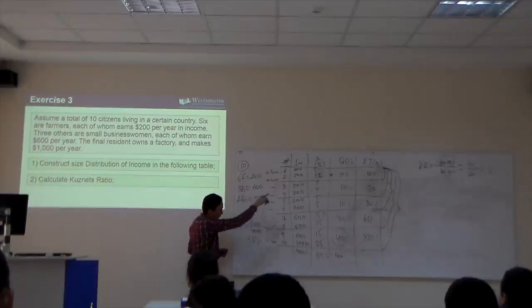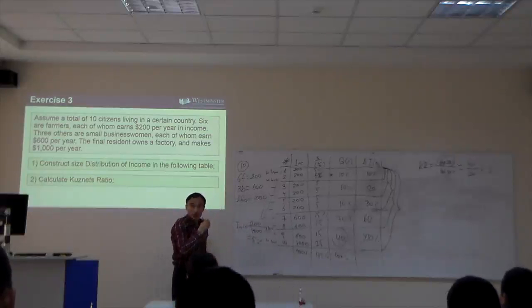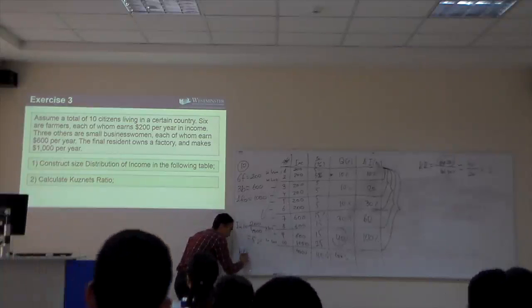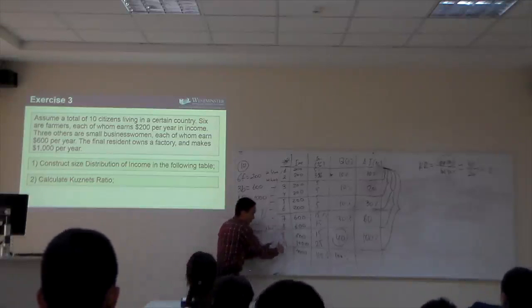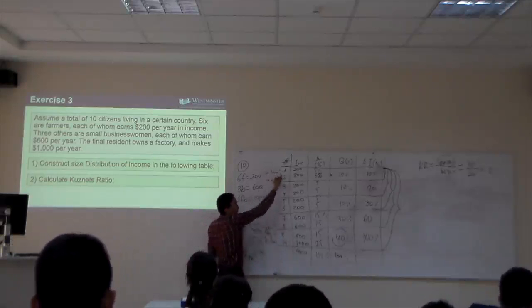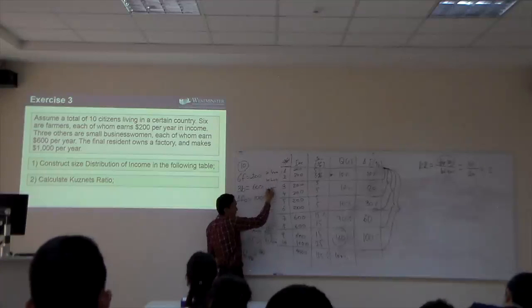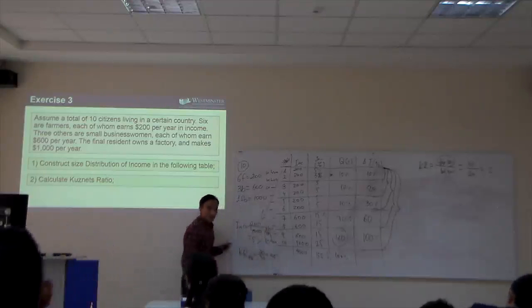And you try to calculate the Kuznets ratio. 0.5, yes. Why? Because in the case of perfect equality, the top 20% earn 10% each, which is 20%. But the bottom 40%, everyone is 10, it's 40, so the ratio is 0.5.